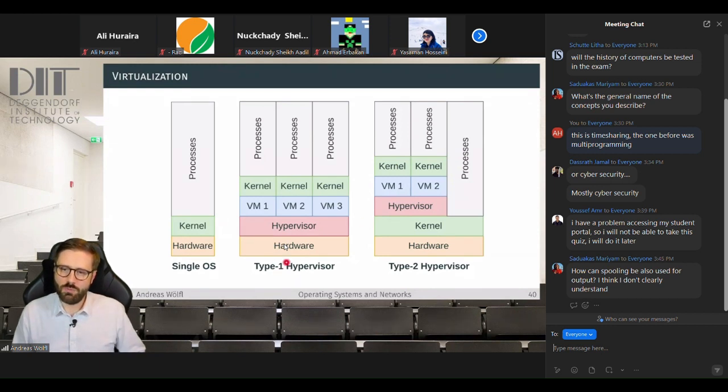In a type 1 hypervisor, the hypervisor has no operating system between itself and the hardware. So what the hypervisor needs to do is simulate any instruction between itself and the virtual machine. And as it turns out, it's way faster when the services are directly forwarded to the operating system by the hypervisor, as in type 2 rather than in type 1.